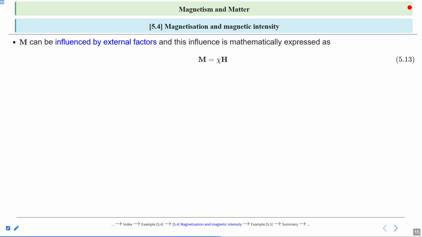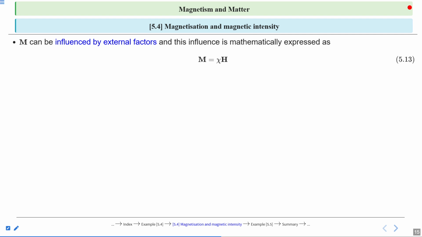Like the current in the solenoid, which gives H. If we increase H, M can be increased. So M is influenced by the external factor H, and H is due to the external factor, the current. So indirectly M is also influenced by the external factor.